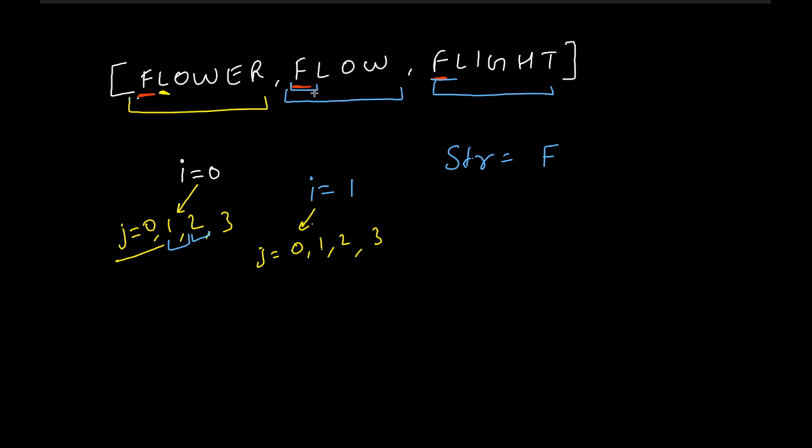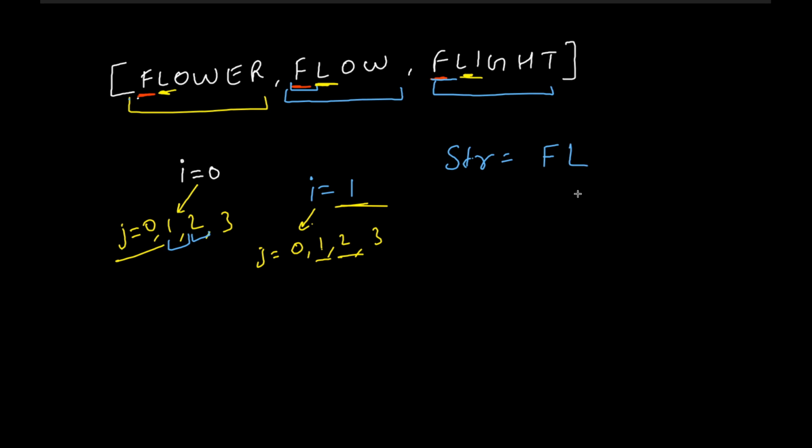So here l is here, l is here, and l is also here. So j 0, i 1, this l; j 1, i 1, this l; and j is 2, i is 1, that means this l. So it is common among all the strings, so we will also append it to our empty string.